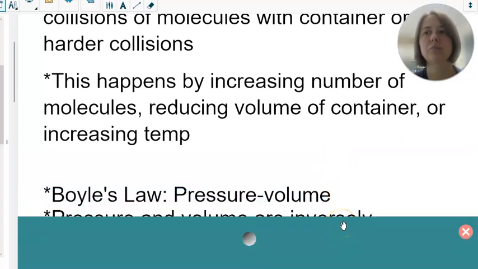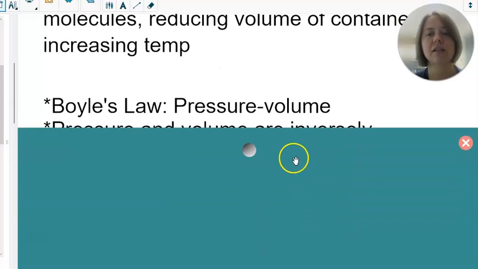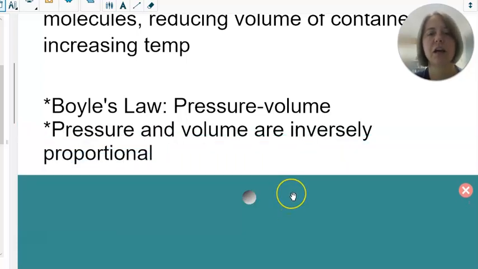So we're going to be looking at these relationships with gases and pressure and volume and temperature. So first one we're going to look at is called Boyle's Law. It is a pressure-volume relationship. And pressure and volume are inversely proportional, which means when one goes up, the other one goes down.